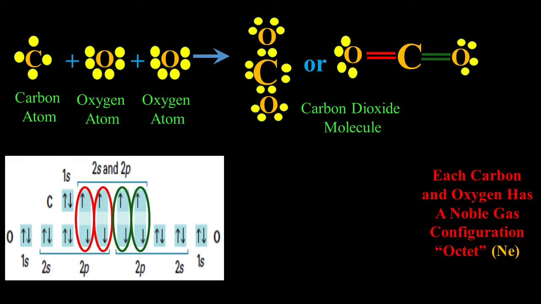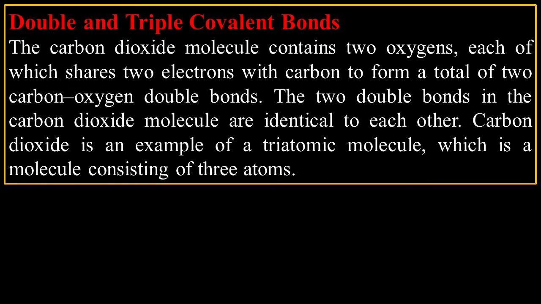There in the lower left-hand corner, you have the order of filling and how the unpaired single electrons are combining to form bonds, and each carbon and oxygen has a noble gas configuration or an octet, such as for neon. The carbon dioxide molecule contains two oxygens, each of which shares two electrons with carbon to form a total of two carbon-oxygen double bonds.